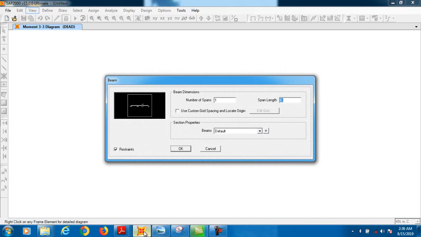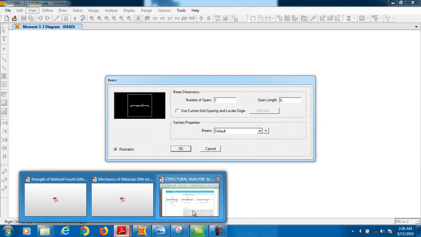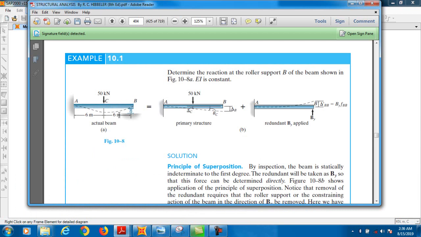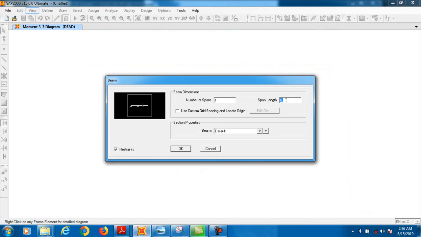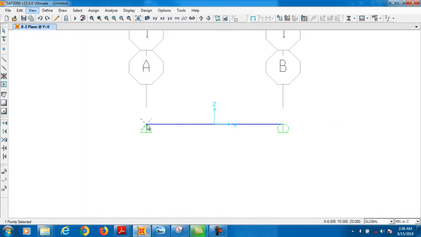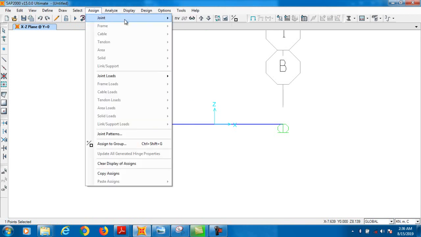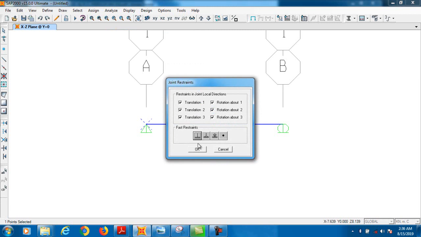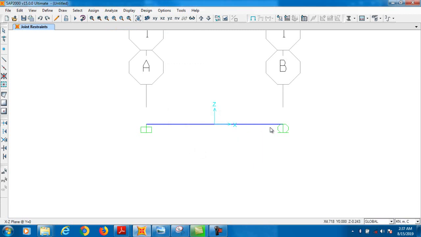The span length is 6 plus 6, which comes out to be 12 meters. You don't need grid spacing. Delete this window, select this joint, assign joint restraint, and this one will be fixed. Clear?